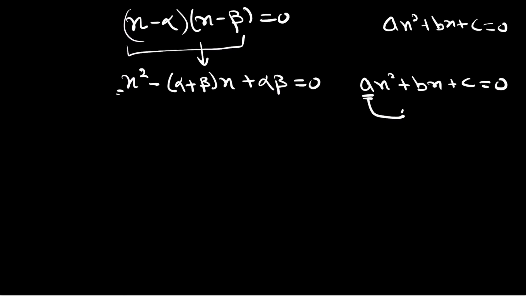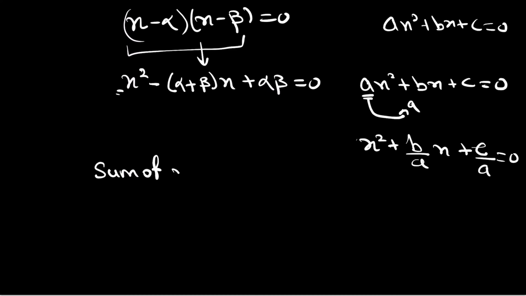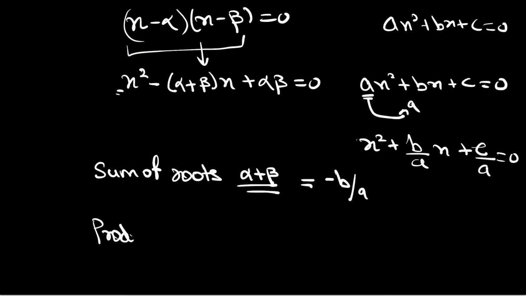So we divide this entire equation by a and we get x square plus b by a x plus c by a equal to 0, which gives us an important identity, sum of roots, that is alpha plus beta is equal to minus b by a, and product of roots alpha into beta is plus c by a.